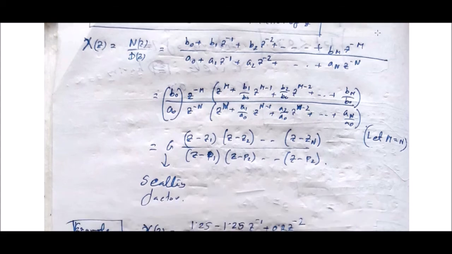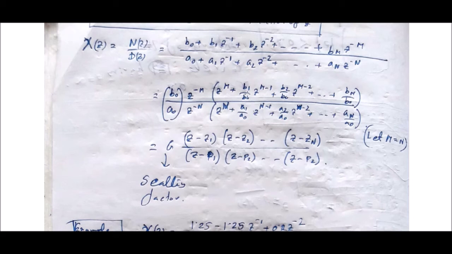So take common b0 z to the power minus m from the numerator, and a0 z to the power minus n from the denominator. So b0 by a0 is taken here. Write down the entire thing like this. The first term, b0, is taken common, so it will become 1, and z to the power minus m taken common will become z to the power m.